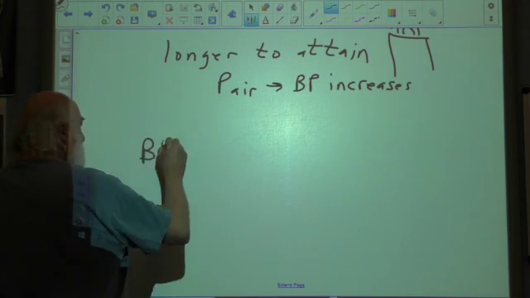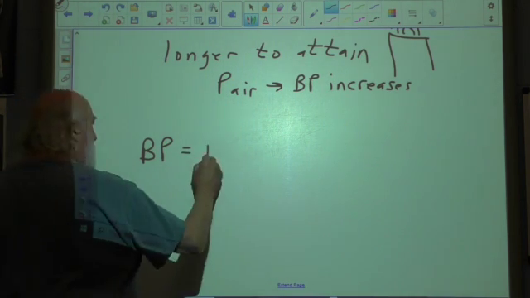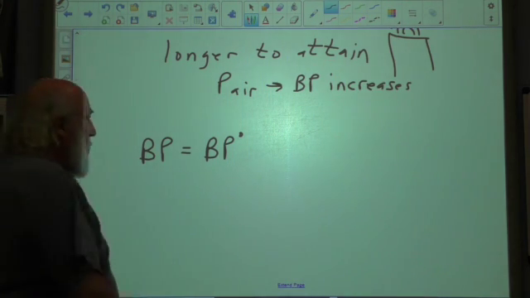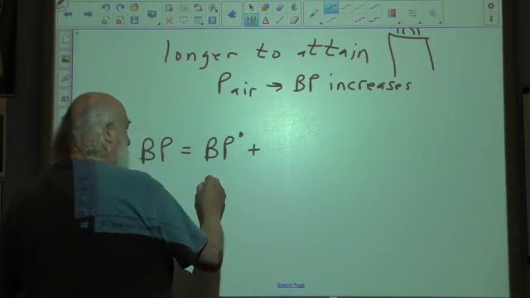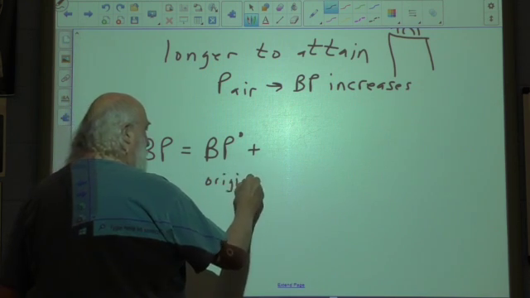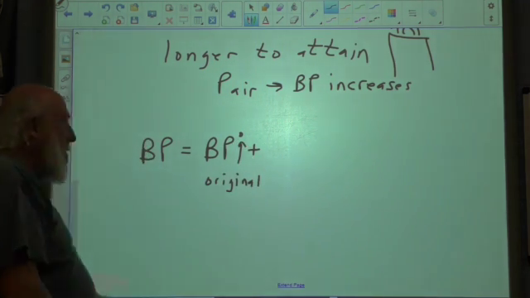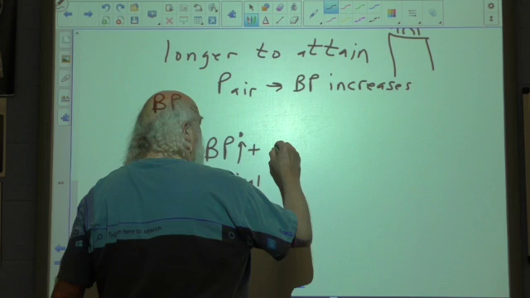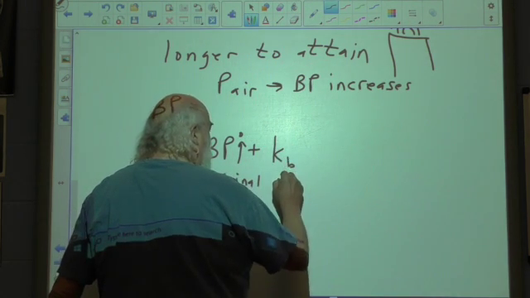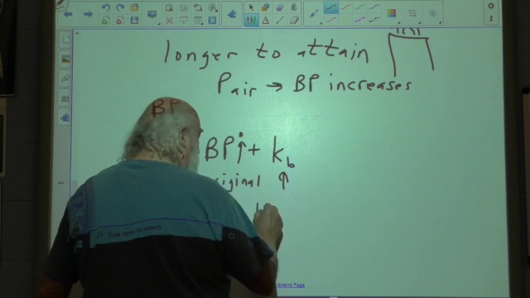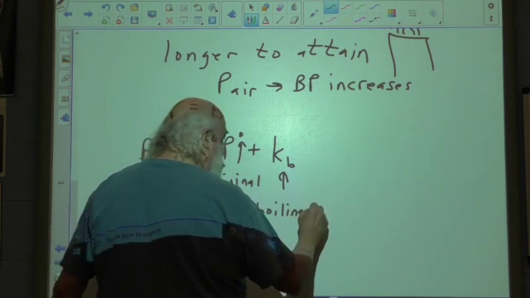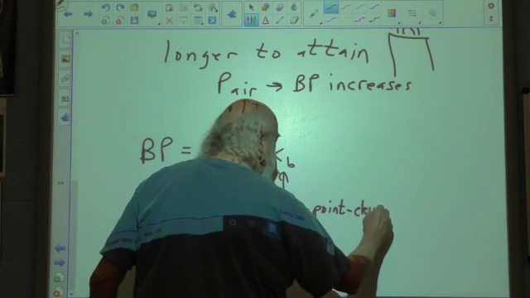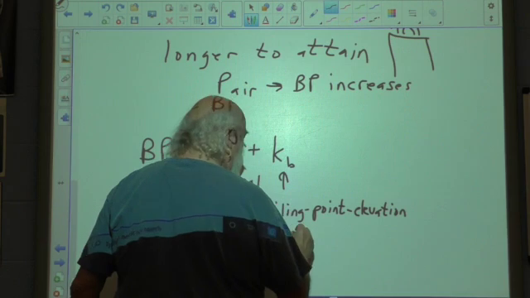The boiling point of a substance is equal to the original boiling point, and since it's going to go up, we're going to add to that, this is the original, that's what the O stands for, plus a correction factor, and that is what we call the KB, and this is literally called the boiling point elevation constant.